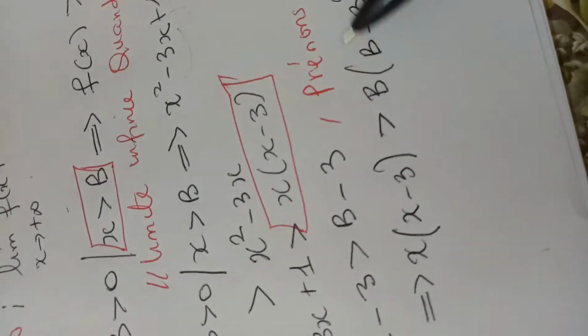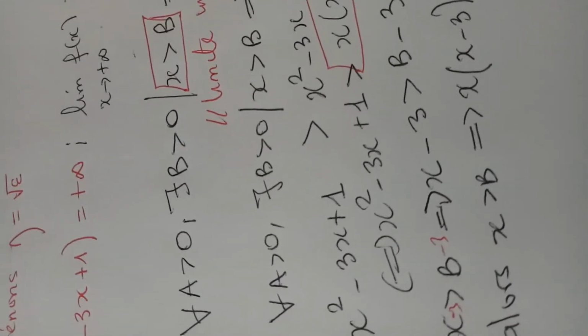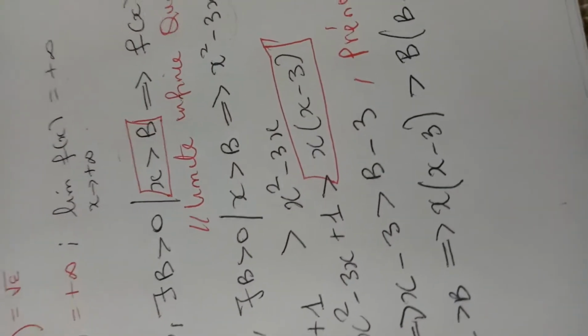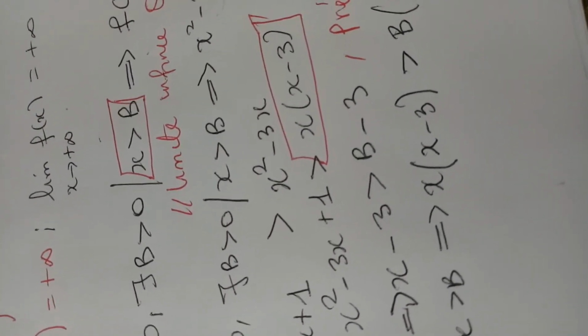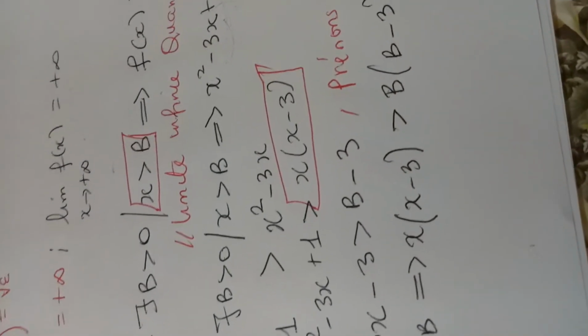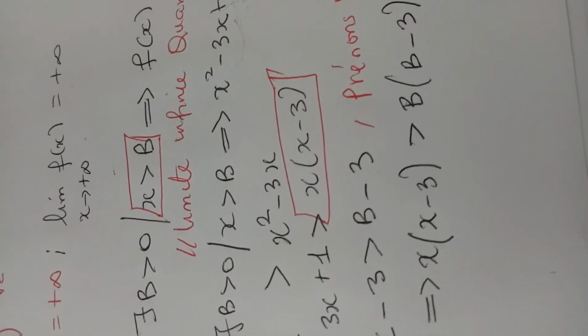This is with x, so this should be with b. You get it. Hopefully, I hope you get it. But if there's any confusion, you can put it in the comment section, and then yeah.